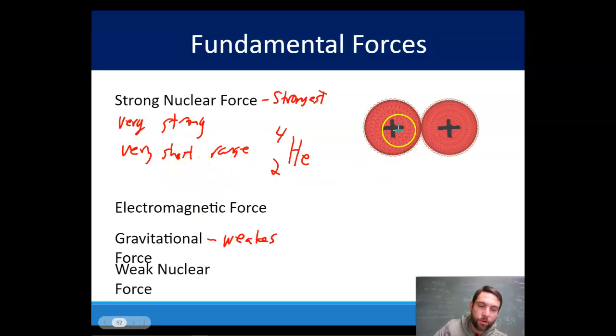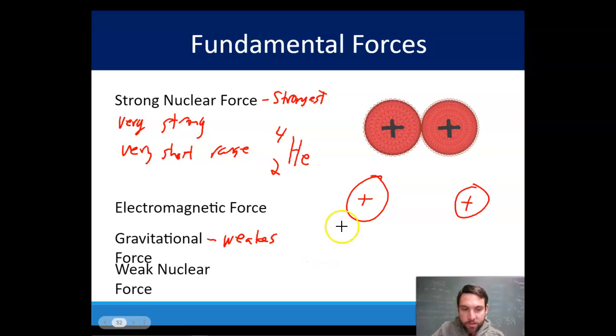Once I take this proton and forcibly remove it, now I have a proton over here and a proton over here. The strong nuclear force is no longer in play. Now it's something else going on, the electromagnetic force. The strong nuclear force only acts when the two charges are touching.